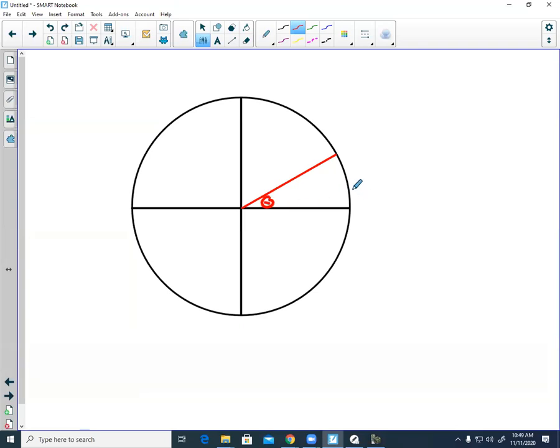So if we have a generic angle that we call theta, the radius of the unit circle is always just 1. That doesn't mean it has to stay 1. You can change it to something else. So the unit circle just gives you what this thing looks like if the radius were 1 all the time.